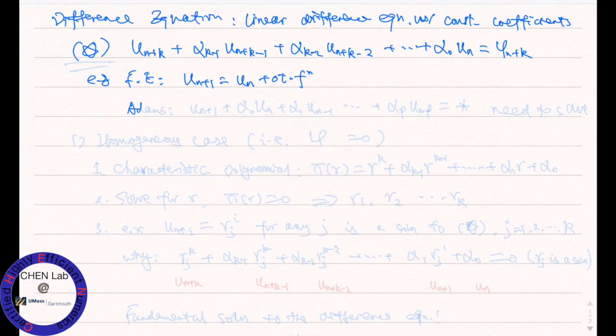And also maybe for the Adams method, you have u_{n+1} plus some u_n, alpha_0 maybe, plus alpha_1 u_{n-1} all the way to alpha_p u_{n-p} is equal to something. You need to solve this.